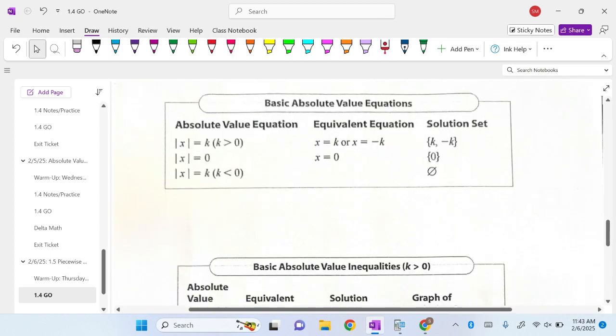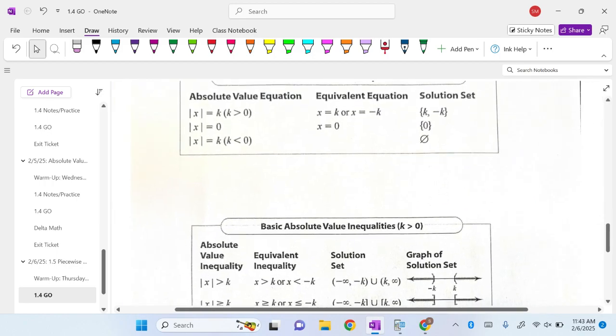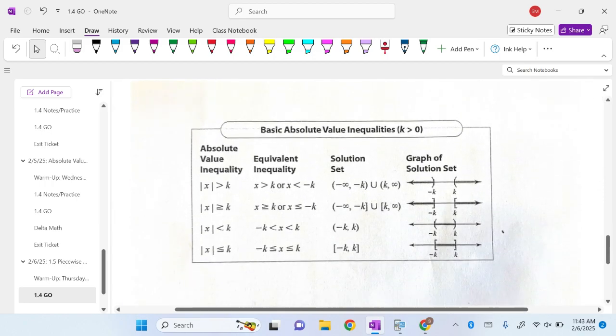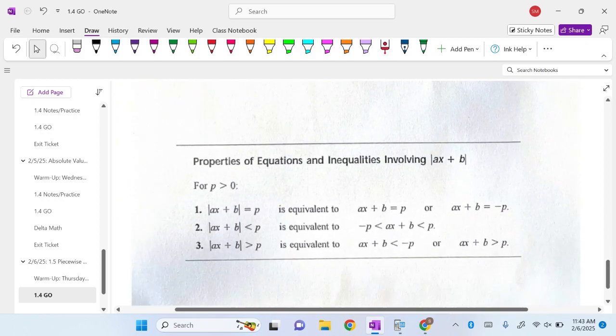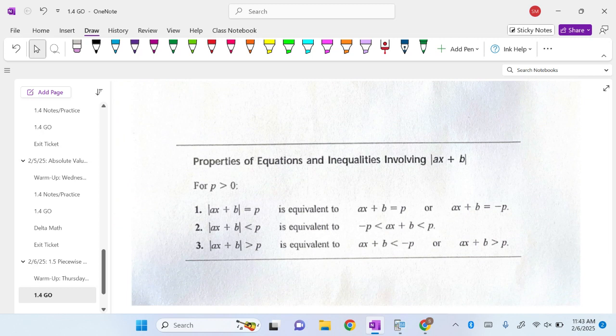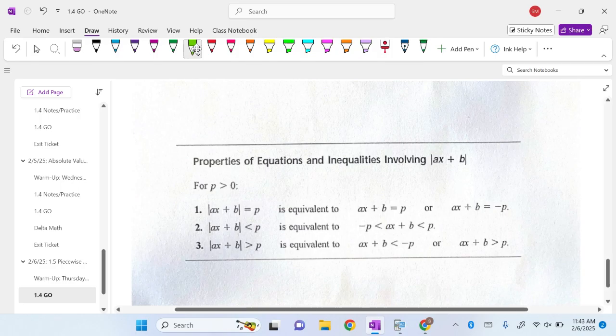Also, the back side has all the nice rules of how you separate everything and how you graph the inequalities. So those are very nice to have as well. There are no notes we have to do on the back side either. Especially at the very bottom, it tells you how to separate your equation.